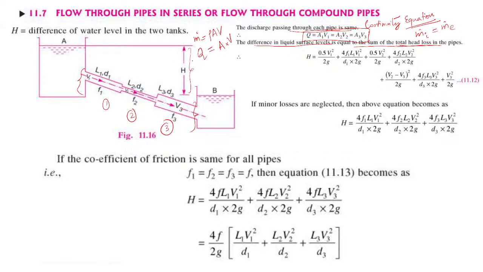So the difference in liquid surface level is equal to the sum of all the head losses, and that sum is H. This is a very important concept that you can grab from this particular line.